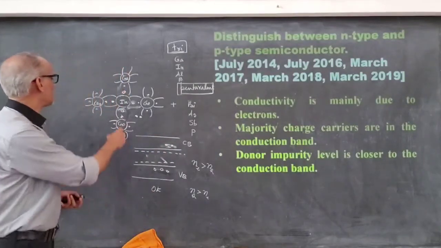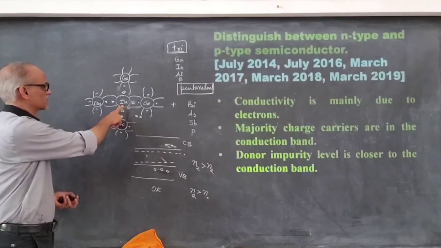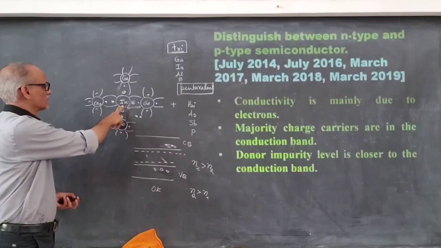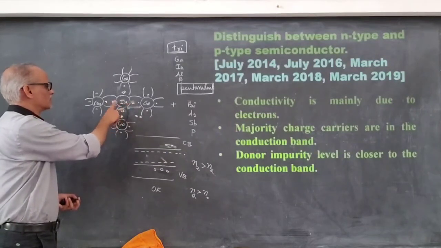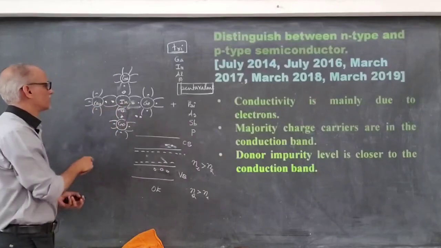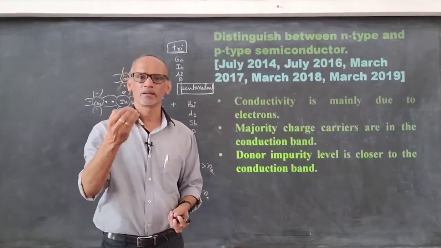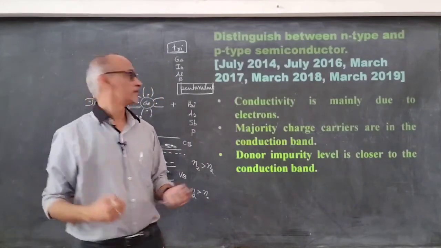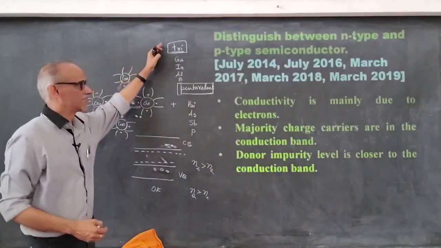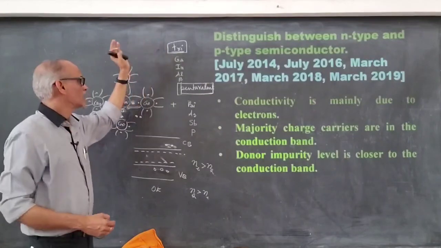Whereas whenever we add trivalent impurities, there are 3 electrons which form covalent bonds with the neighboring germanium atoms, whereas one vacancy is created which acts as a hole, and that hole can accept an electron. That's why the trivalent impurity is also called an acceptor impurity.